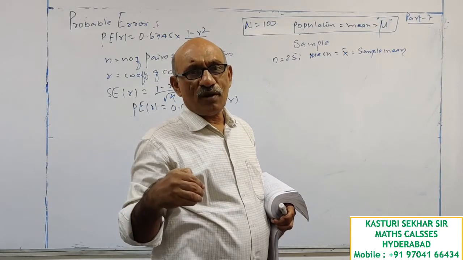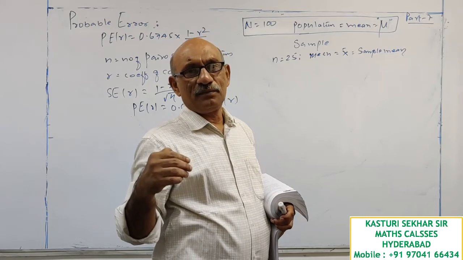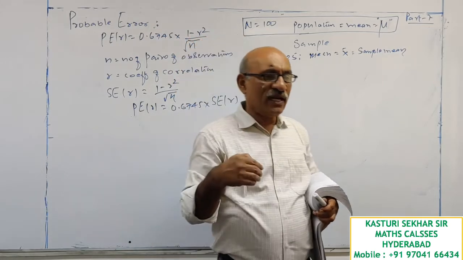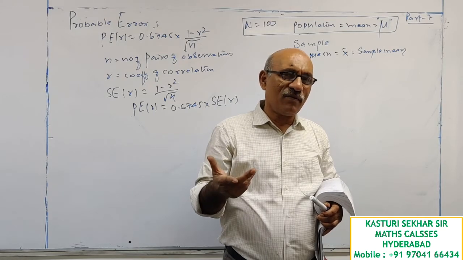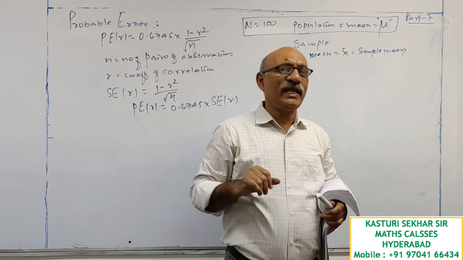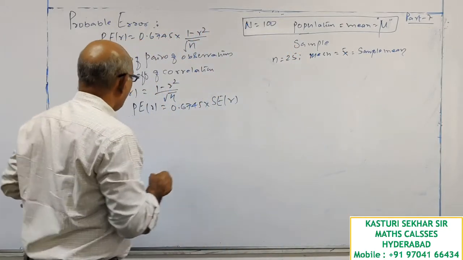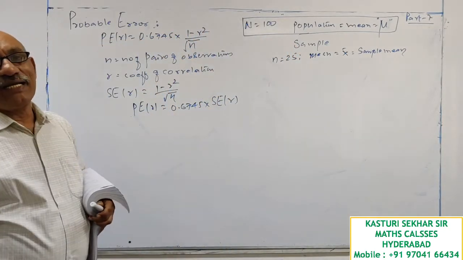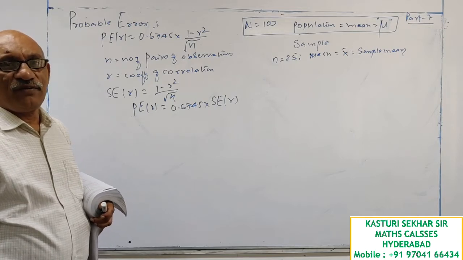For most of the problems, we are doing the calculations for sample data. Whatever results the sample is providing, based on this you are taking conclusions for population. So, with the help of this probable error, I can calculate the limits within which the population correlation coefficient lies.